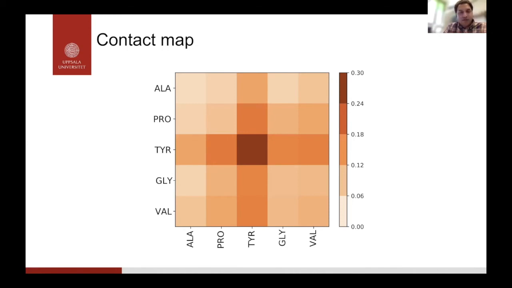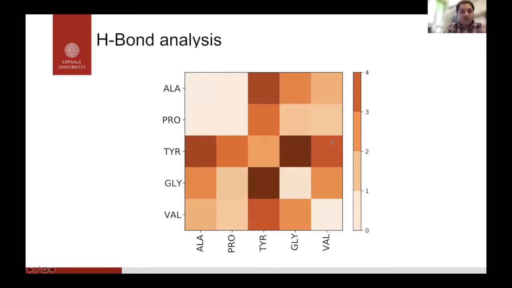In addition to the hydrophobic nature, they also form H bonds. And as Alexis showed, you can also calculate the H bonds from the GROMACS software. You can then plot them as H bond contact maps.